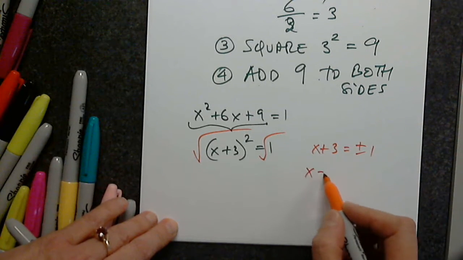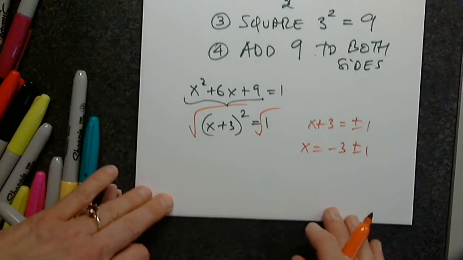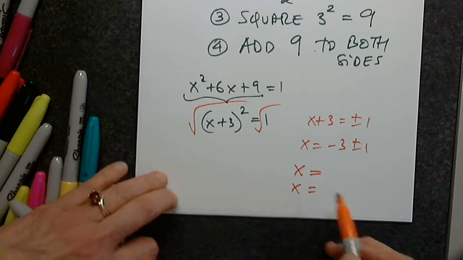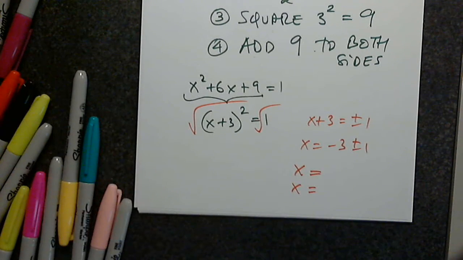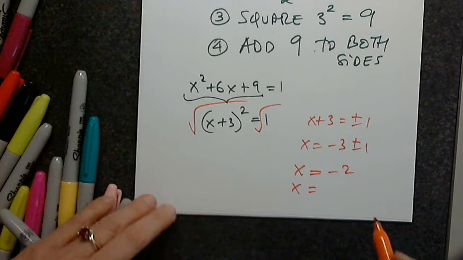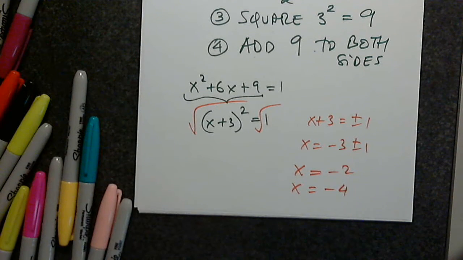Excellent. And then I have x equals negative 3 plus or minus 1. And now I have no choice but to separate them. That is a must. I would write negative 3 plus 1, which is negative 2, and negative 3 minus 1, which is negative 4. Good.